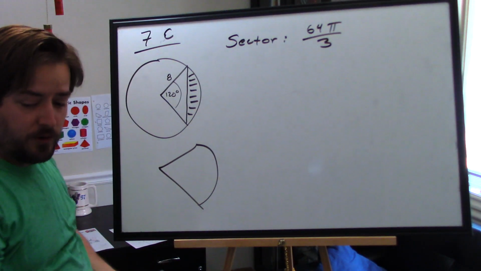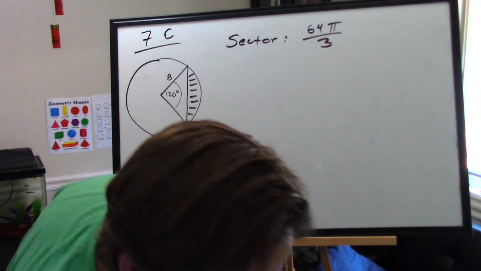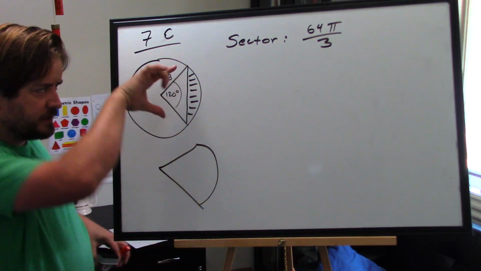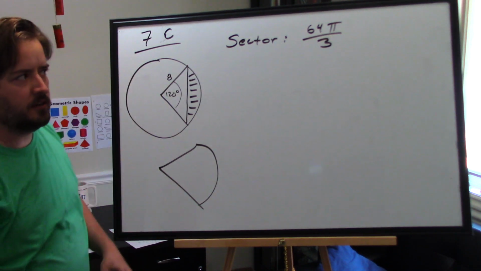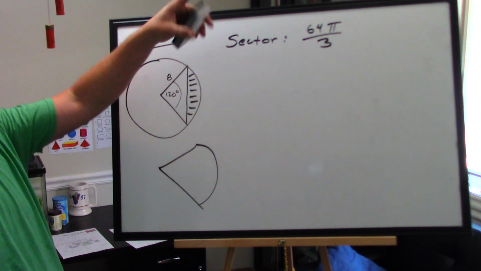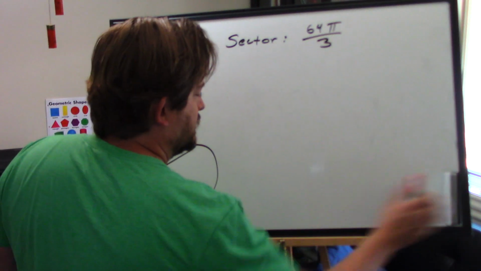And the other thing that I want to find out here then is the area of the triangle. Because I have all of this area inside that sector, and I want to take out that triangle. So if I find this sector, I find the triangle, I just find the difference between the two, and that's my solution.